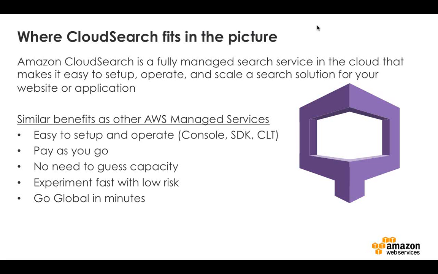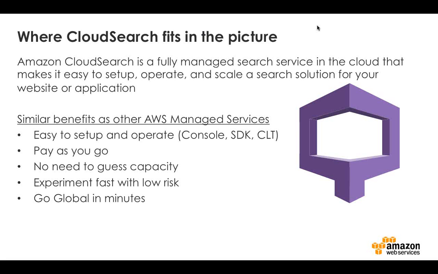Amazon CloudSearch, as I mentioned, is an AWS service, and as such, we have many of the benefits that AWS brings in other realms. So CloudSearch itself is easy to set up and operate, as we'll see in a second. You don't have to rack hardware up front. You pay as you go. CloudSearch is automatically scaling, so it fits itself to your need. There's no need to guess capacity. I've worked in a number of contexts building search engines, and in all of those cases, we spent an inordinate amount of time trying to guess our capacity needs for things like holiday seasons, daily spikes.